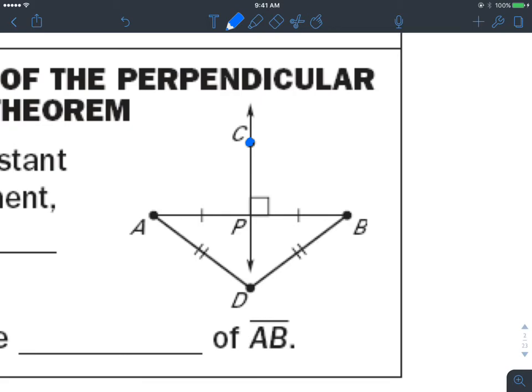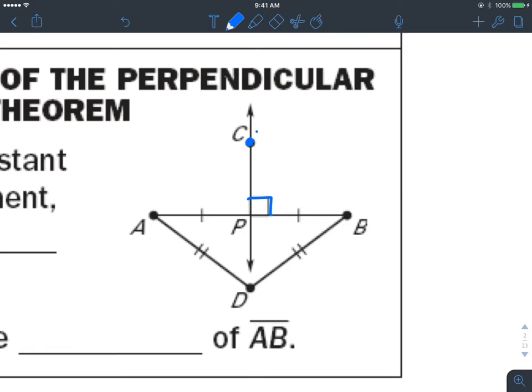What you've got to remember is when you have a random point C and you're trying to find the distance from a line, we always say that distance is perpendicular when you're going from a point to a line. We take that shortest possible distance, and that shortest possible distance is always perpendicular. So we're going to say we have a right angle right there.